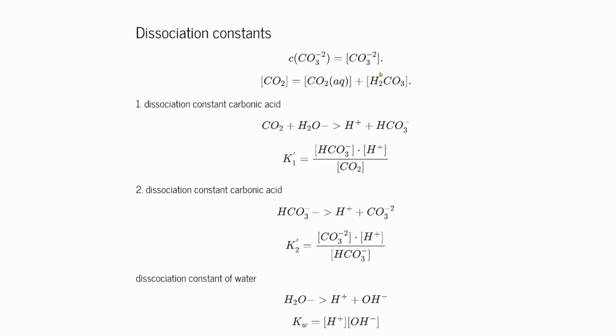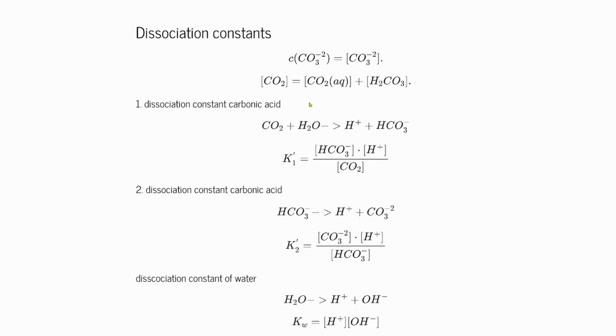So usually in most textbooks, this simplification is used, just CO2 in square brackets, because both species react so fast you cannot distinguish them.